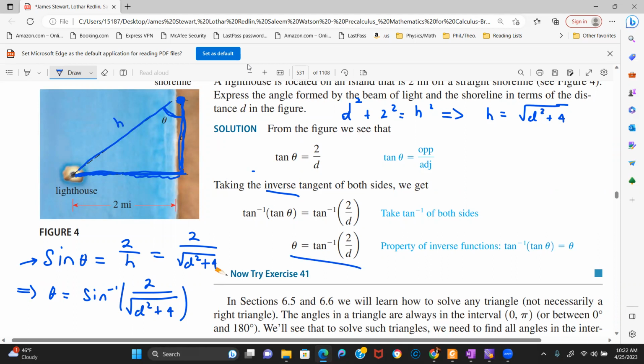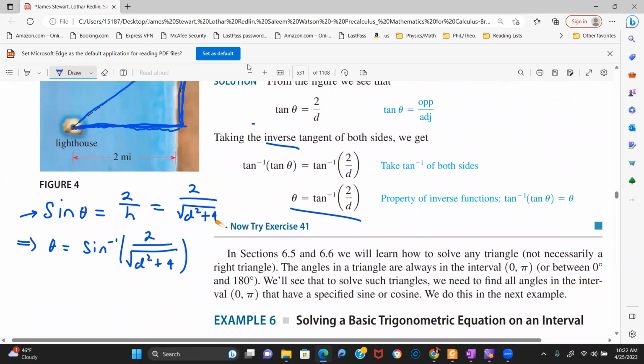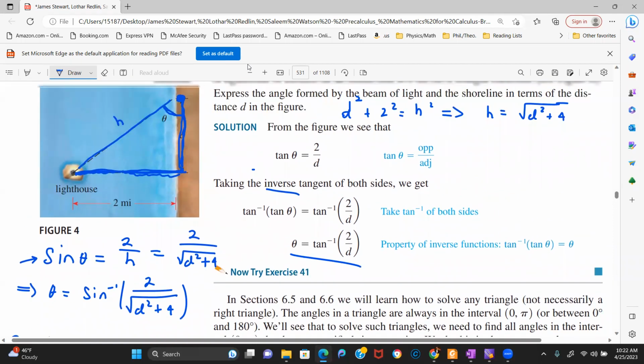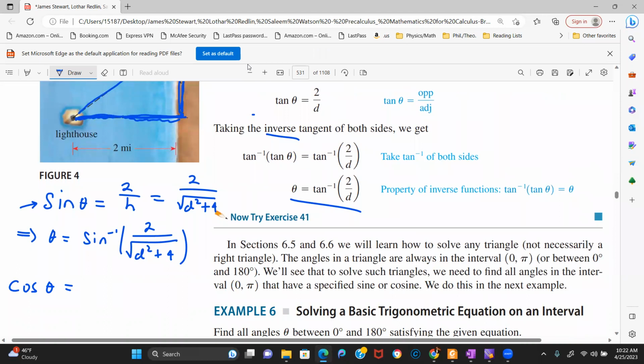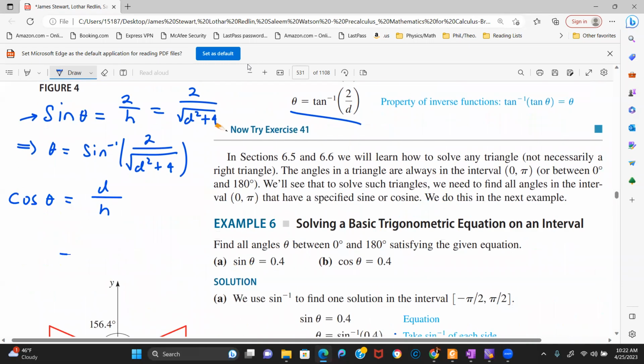These would be equal. And then you could do cosine as well. So cosine of theta would be equal to the adjacent over the hypotenuse, d over h, and that would be equal to d over the square root of d squared plus 4.